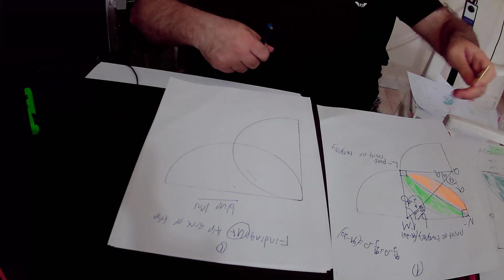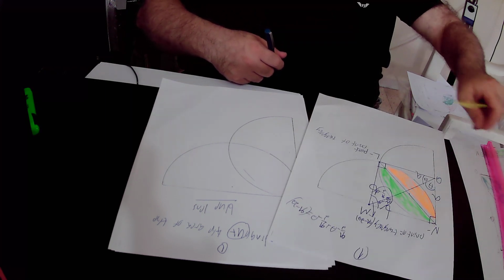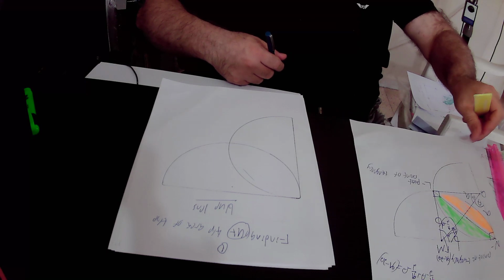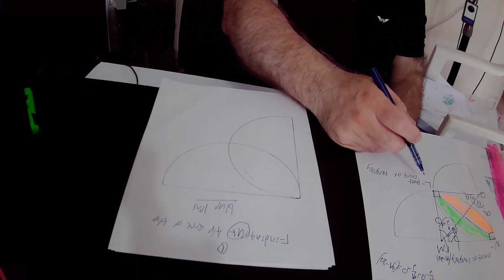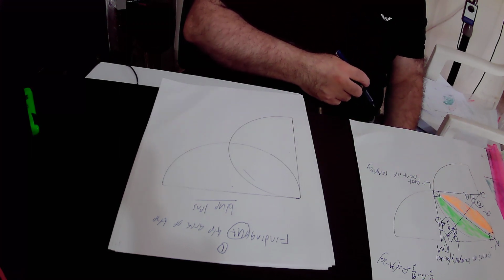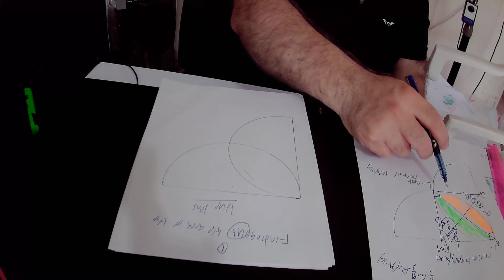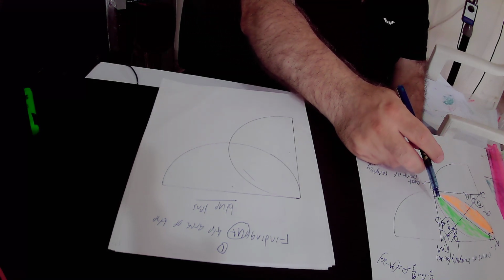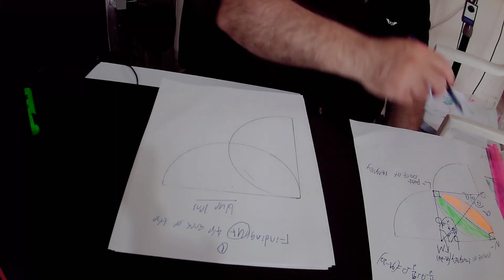You can use this drawing because here we found out the area of this lens that could be any lens, and this lens was created by the intersection of two semicircles with each other.